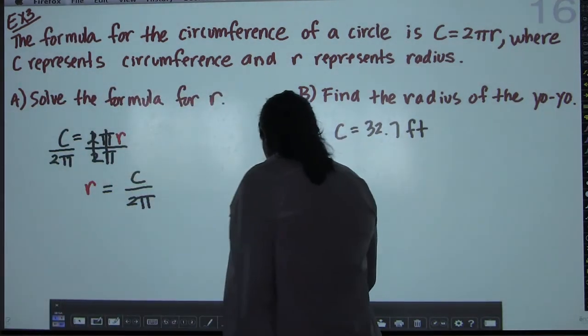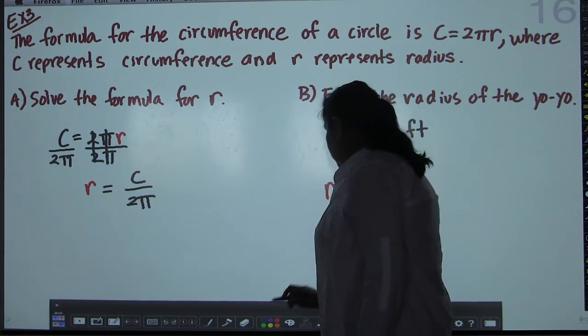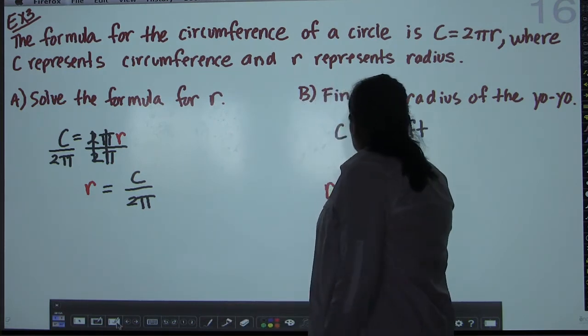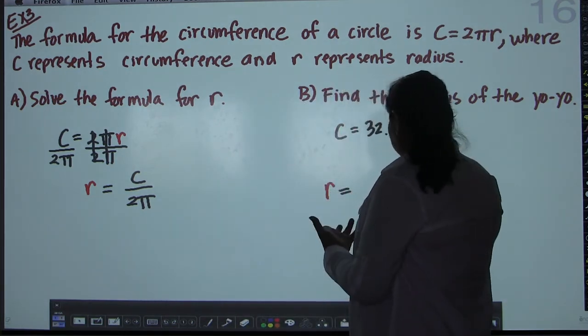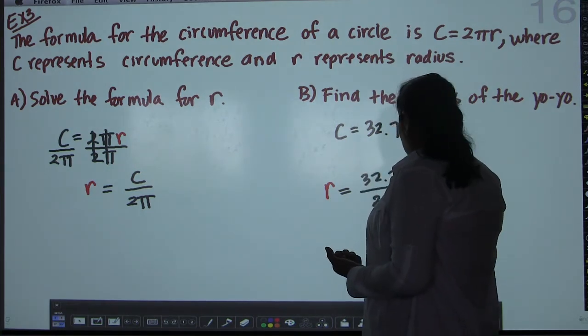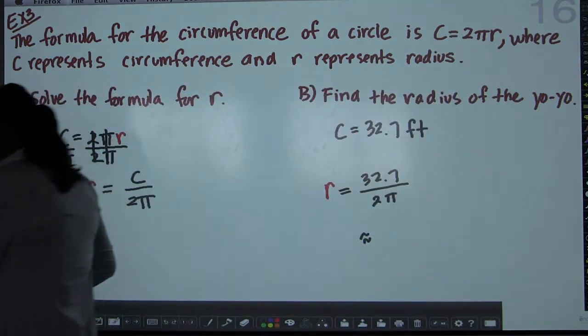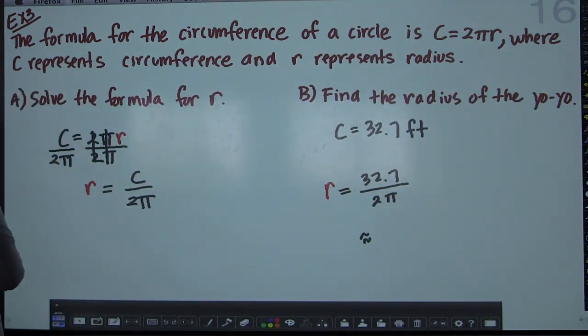So all I have to do is come on over here and go r is equal to the circumference, which in this case is 32.7, and divide it by 2 pi to get my answer. So I'm going to get my little calculator over here, and 32.7 divided by, and I'm going to use parentheses on my calculator.